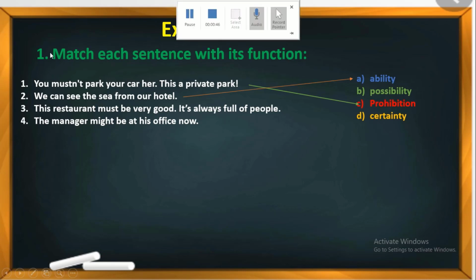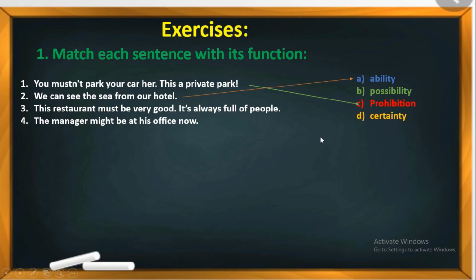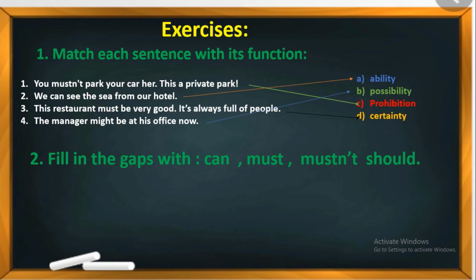Ability, we can see. This restaurant must be very good. It's always full of people. Great. Certainty. And the manager might be at his office now. Great, possibility.